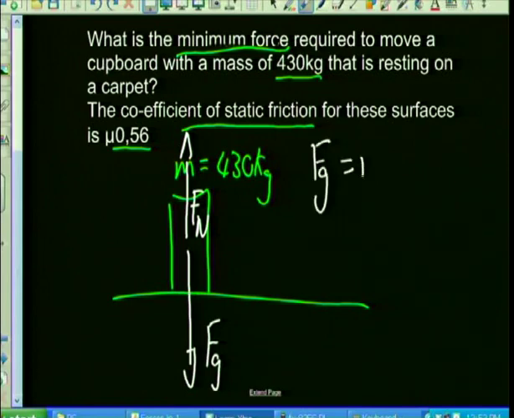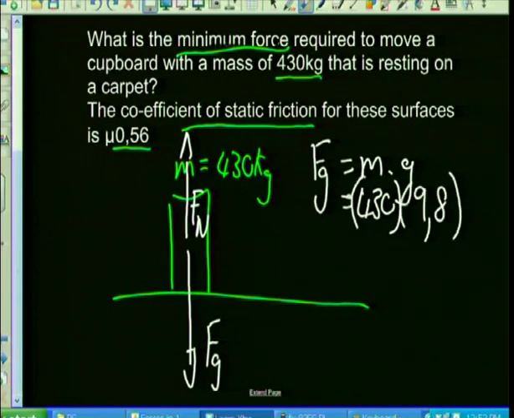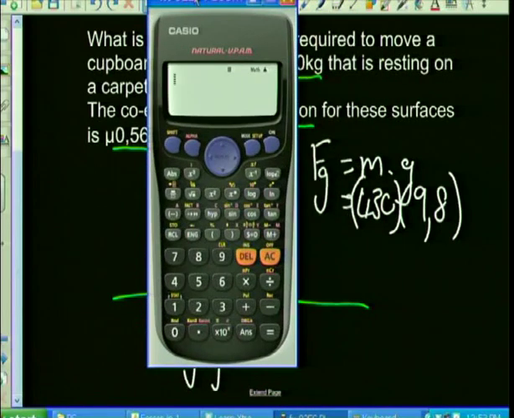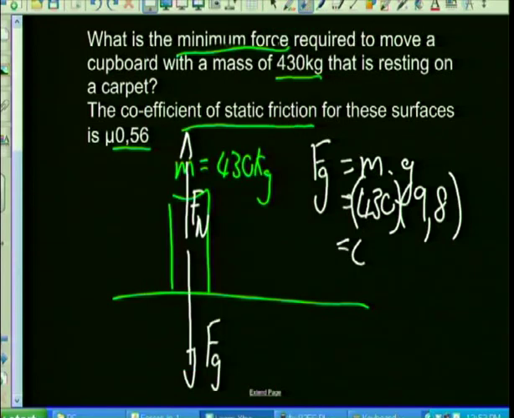It's the mass times the acceleration due to gravity, 430 times 9.8. Let's get the calculator up and do that. 430 times 9.8 is 4,214 newtons. That's the force of gravity downwards.